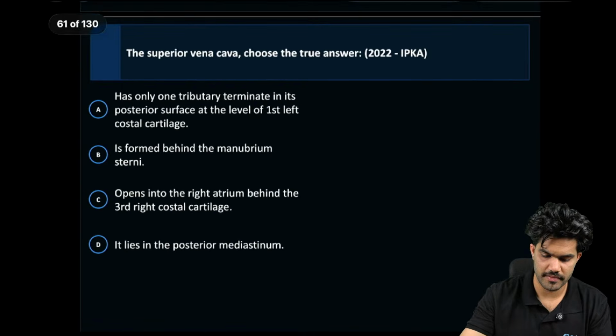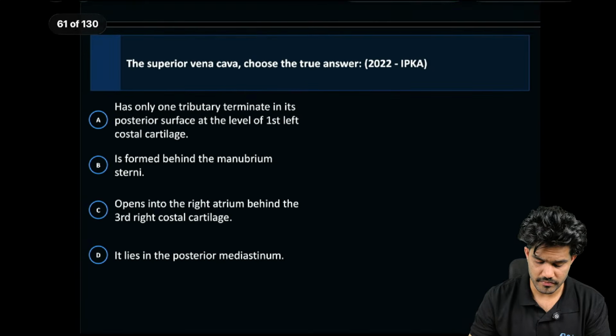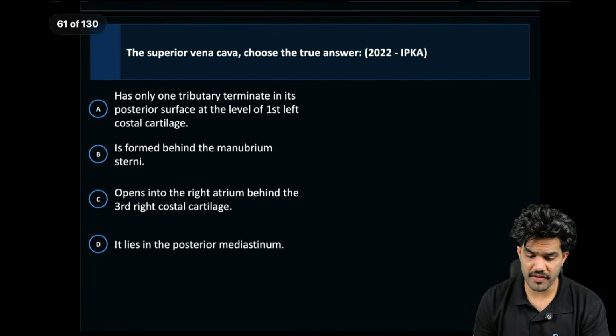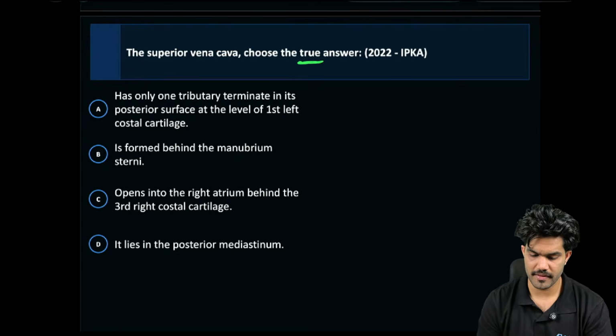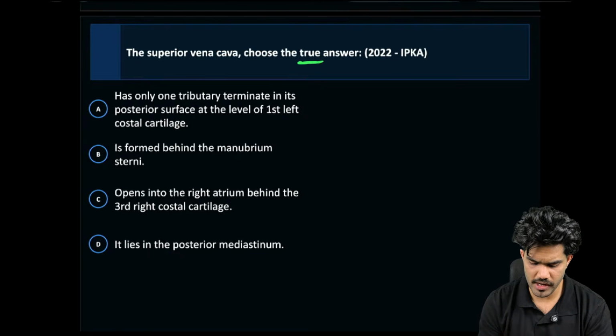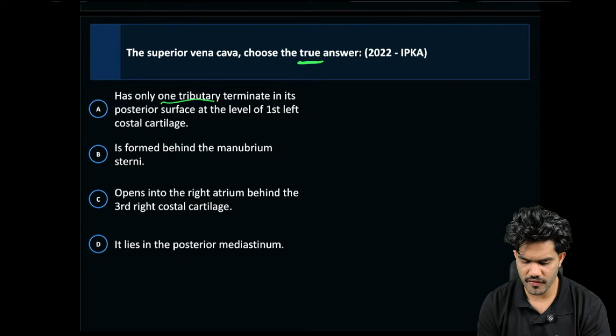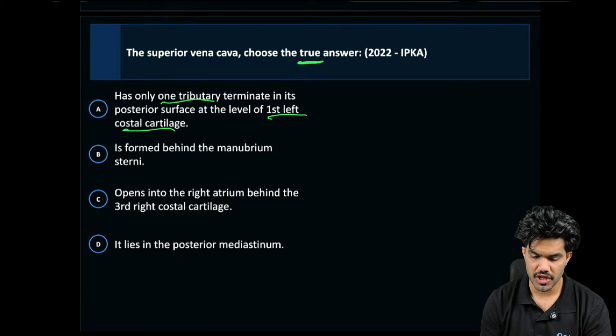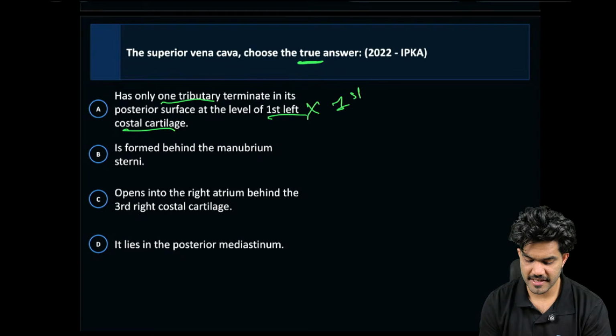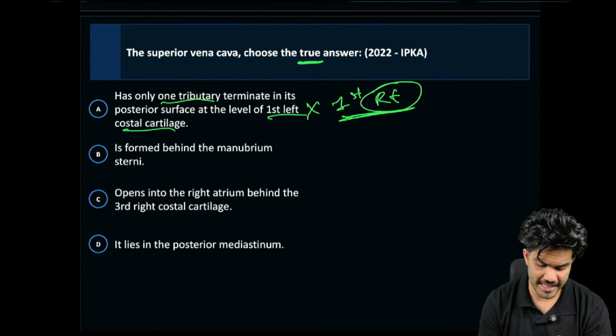Next question. The superior vena cava, choose the true answer. Has only one tributary? Terminates at the posterior surface at the level of the first left costal cartilage? No, first right. It is formed behind the manubrium sterni?